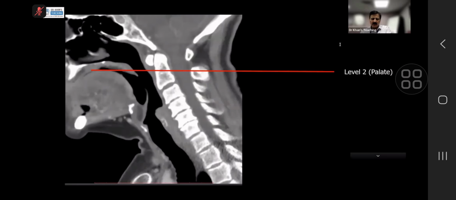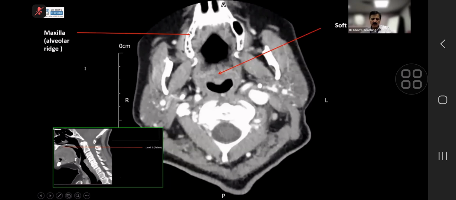This is the next level, which is level 2. Here, it all depends where the slice is going through, but you should not get confused. Because this is the tongue, you can imagine that the soft palate is dangling like this. So part of it, the slice will go through soft tissue. Anteriorly, there will be a bit of air, and then there will be the hard palate.